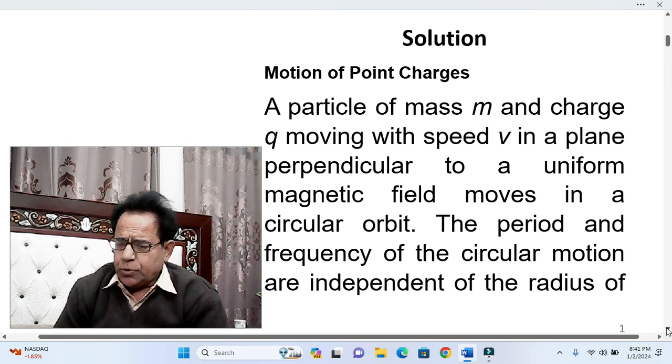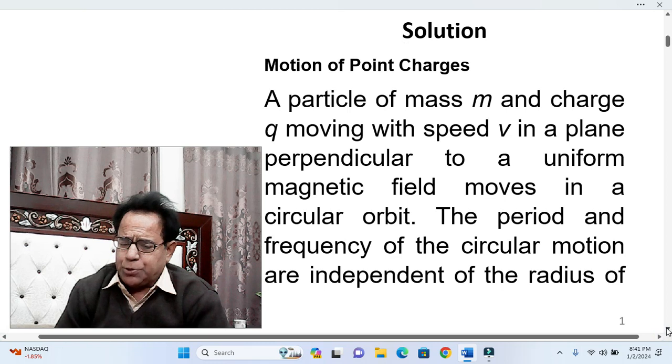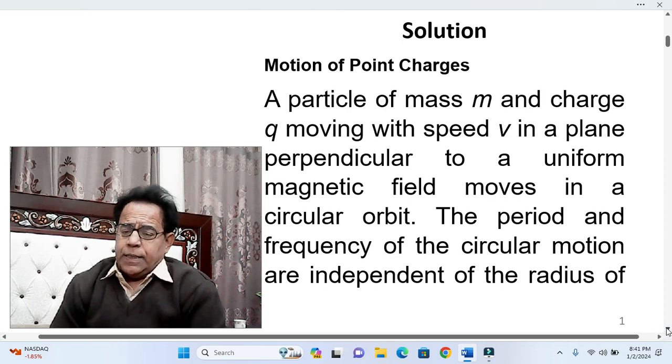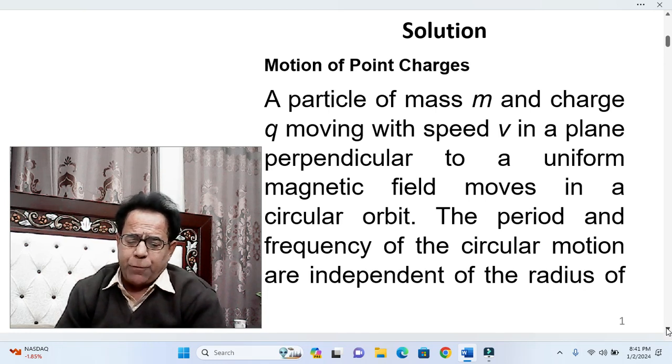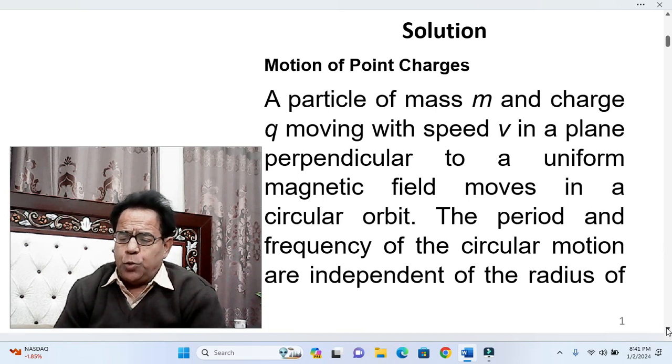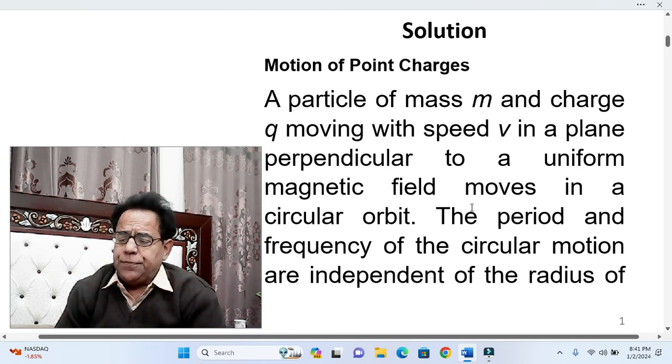So the first snapshot is about motion of point charges. A particle of mass m and charge q moving with speed v in a plane perpendicular to a uniform magnetic field moves in a circular orbit.